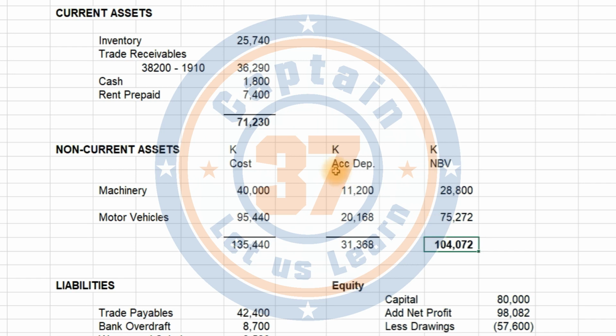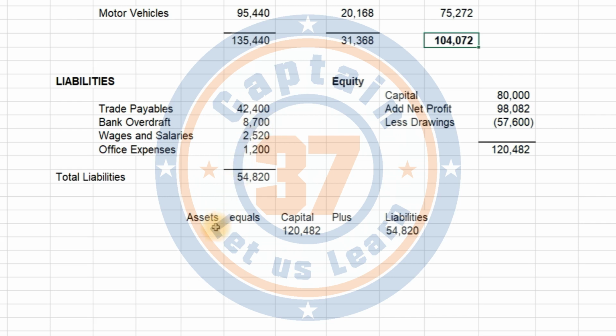When we add this plus this, it's going to give us 175,302. That is the value of our total assets. So that is the amount that is supposed to be here, 175,302.